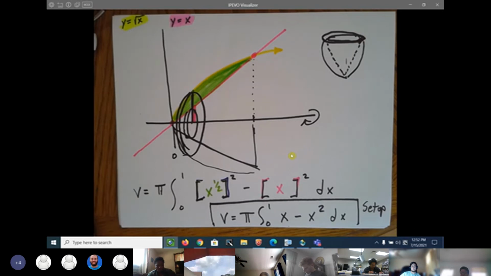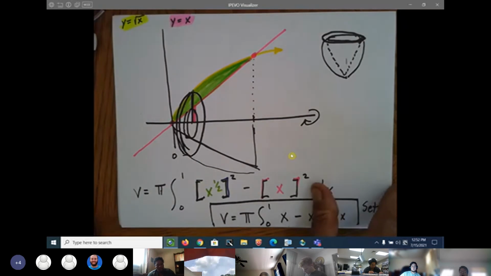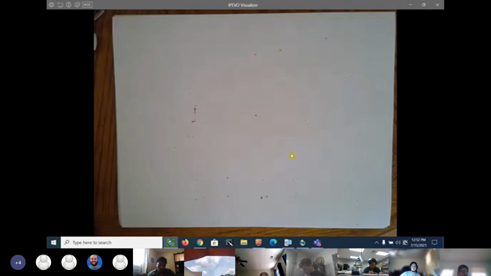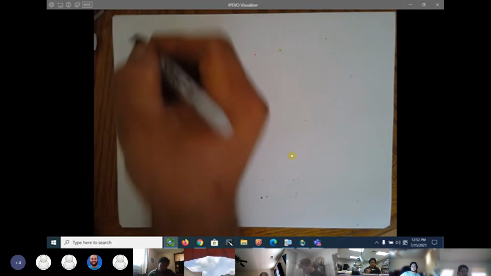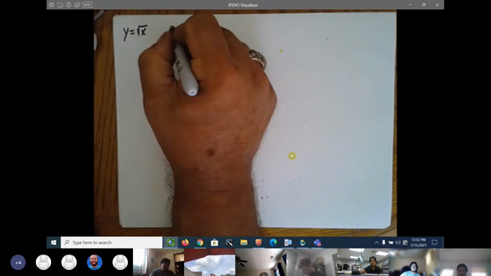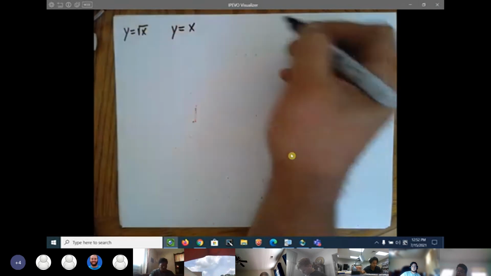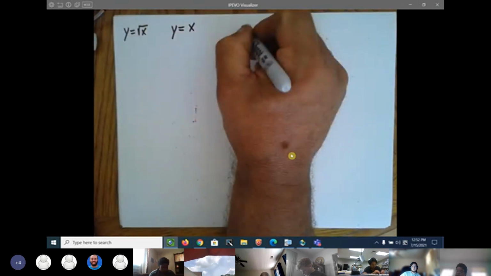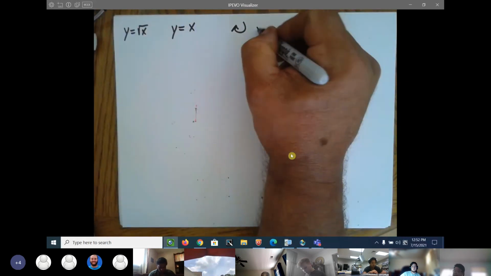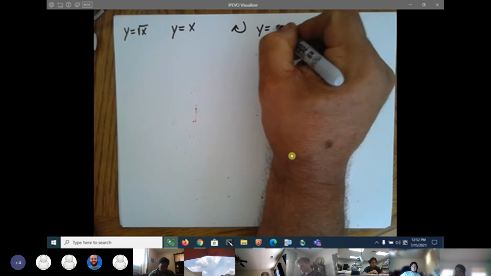B says revolve. Let's go ahead and write everything down. Y is equal to the square root of x. Y is equal to x. But now we're revolving around y is equal to -3.